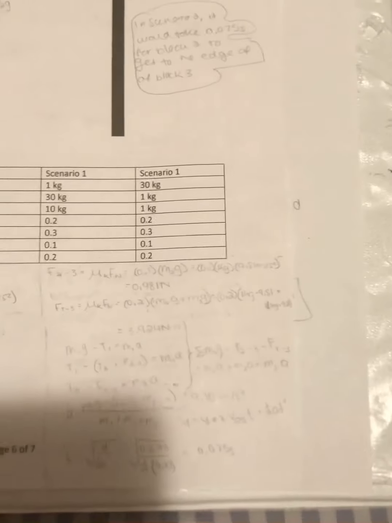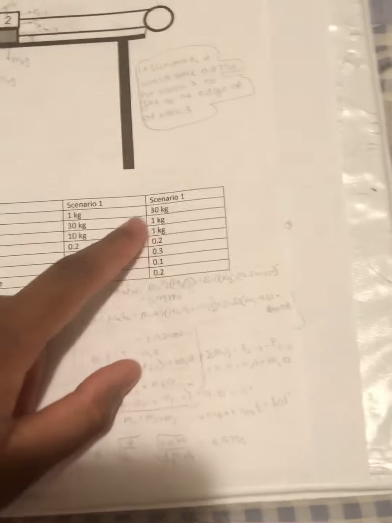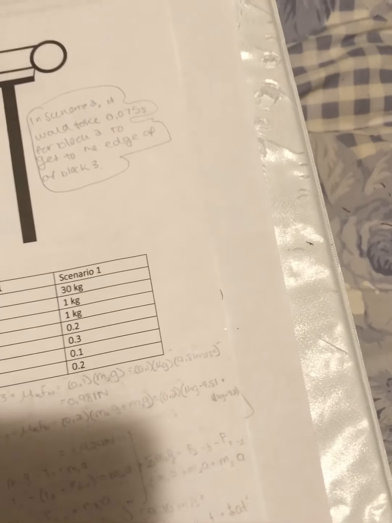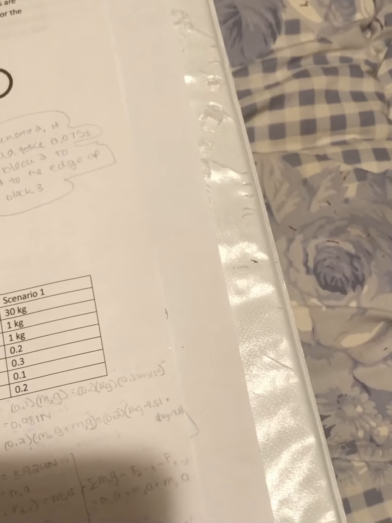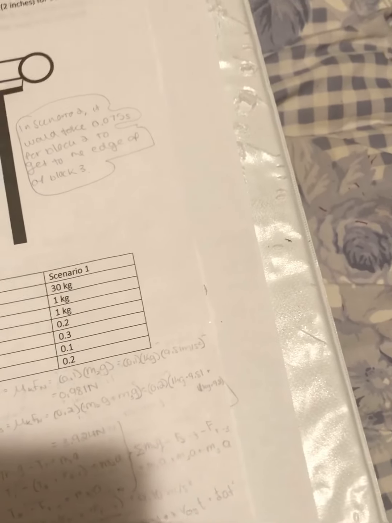It wasn't impossible in scenario 2, though. So I used the same formulas to find the kinetic friction between 2 and 3, and between table and block 3. With the scenario 2 data, I plugged them in, and then I wanted to find the forces, and I added those up so that I could find the acceleration, which is 9.10.